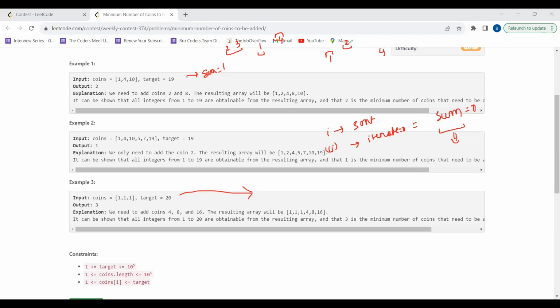No. So which number will I add now to the array? 2 itself. So I'll add 2 itself, and my total sum will become 3, and the total number we have added becomes 1 till now.